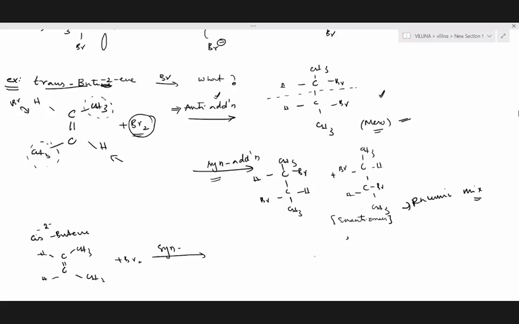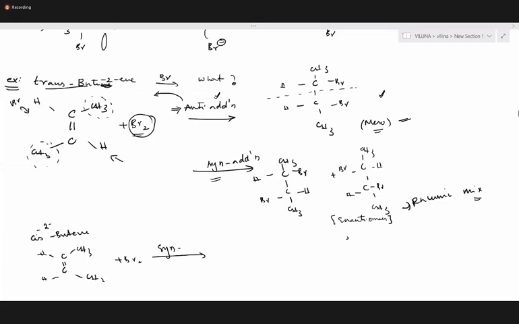Whereas if it is syn addition, we would have gotten a racemic mixture, but anti-addition will be more favored for trans-butene because we have bulkier groups on either side of the plane, right? So we cannot attack both the bromines in one plane. So one will be added on one plane, the other one will be added on the second one.